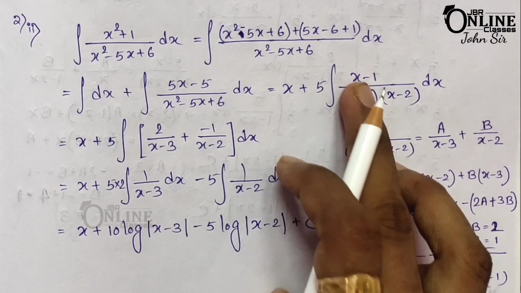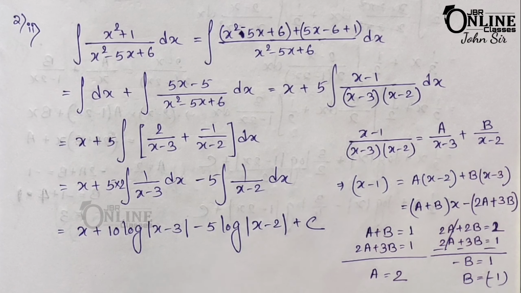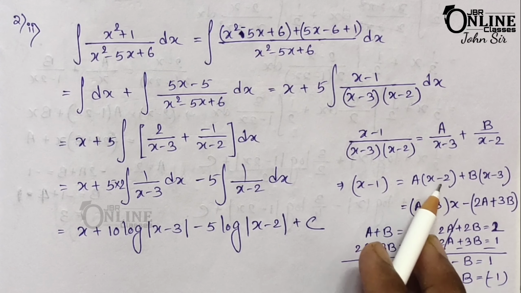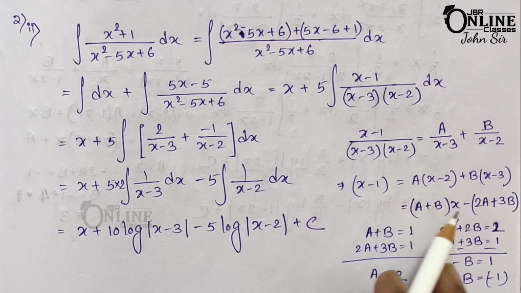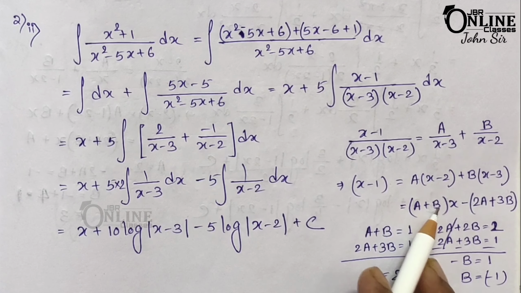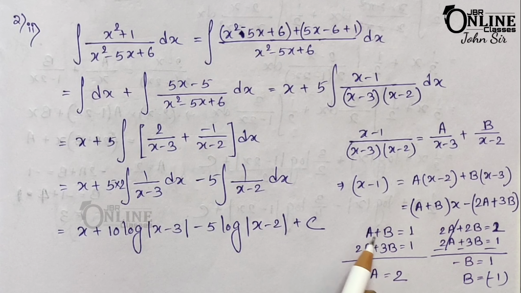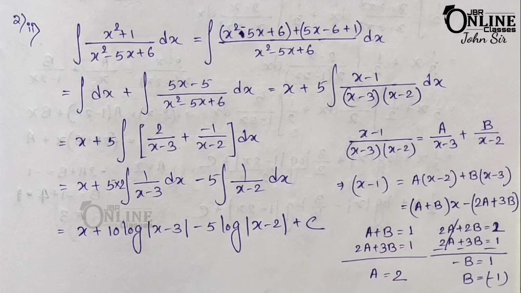So x minus 1 will be A into (x minus 2) plus B into (x minus 3). If x is common, it becomes (A plus B), and the constant is minus 2A minus 3B. By comparing both sides, A plus B equal to 1 and minus 2A minus 3B equal to minus 1.